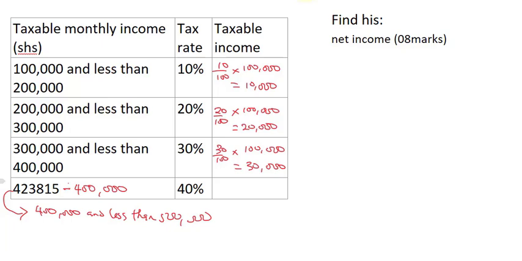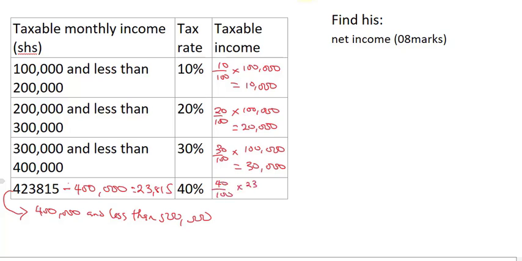So within this level, we are going to get the required value, which is 23,815. So we are going to be performing the percentage on 23,815. When you do that, you are going to get 9,526.